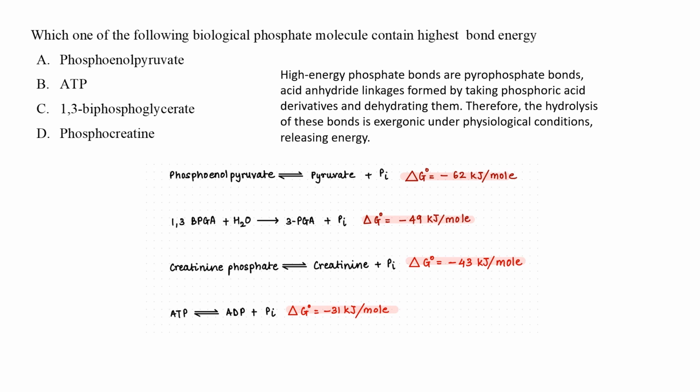For 1,3-BPGA, that is 1,3-biphosphoglycerate, it forms 3-PGA and inorganic phosphate, releasing minus 49 kilojoules per mole of energy. Creatine phosphate is hydrolyzed to creatine and inorganic phosphate, and it releases minus 43 kilojoules per mole. And for ATP, it releases minus 31 kilojoules per mole and forms ADP plus inorganic phosphate.